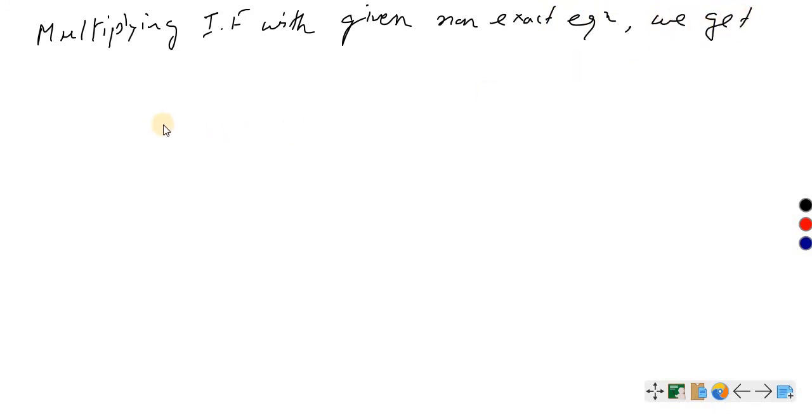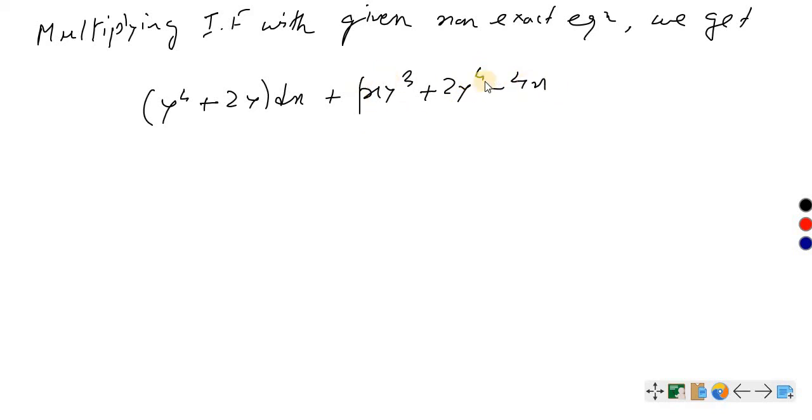So what was the question? Let me write it again. It was (y to the power 4 plus 2y) dx plus (x y cube plus 2y to the power 4 minus 4x) whole thing bracket close dy.